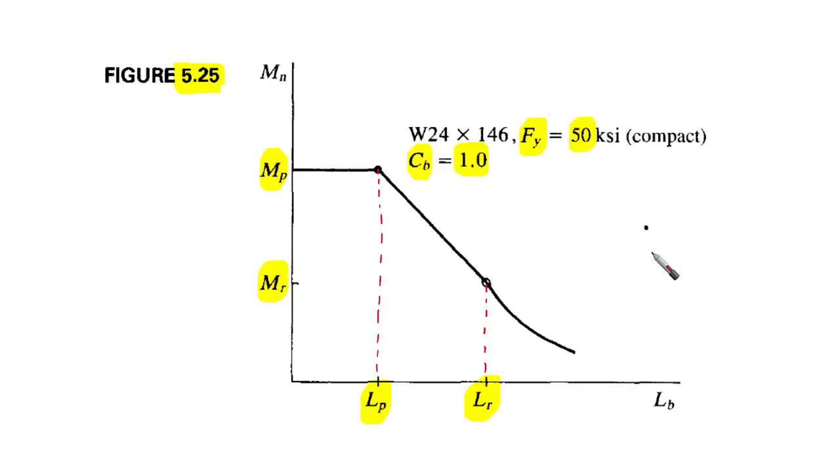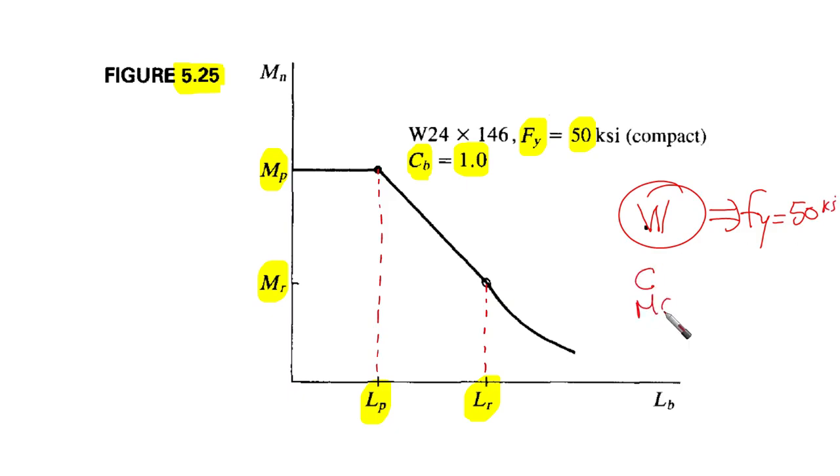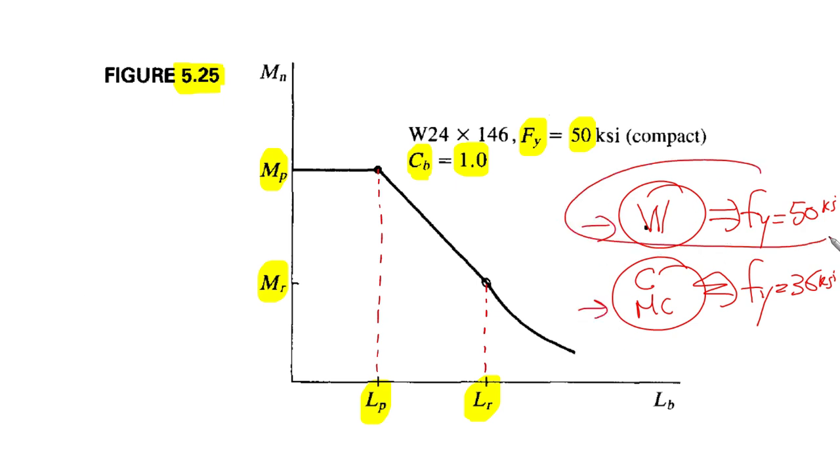So we have two different shapes. Wide flange, remember well, with F yield equal to 50 KSI, and C or MC with F yield equal to 36 KSI. Commonly, you are going to find that wide flanges are the most commonly used curves. Even though you can also find the channels, wide flanges are commonly used for us.